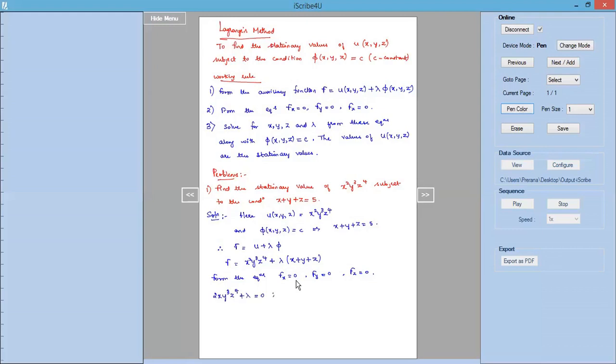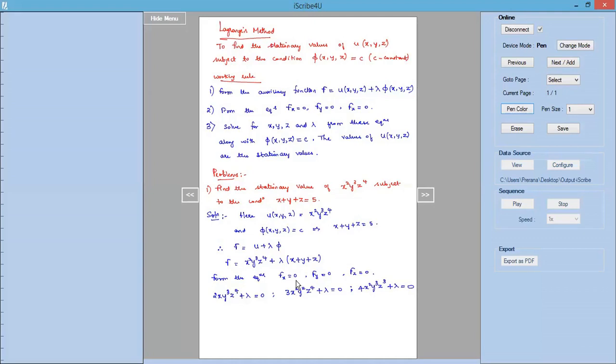Fy is equal to 0 will give us 3x square y square z power 4 plus lambda into 1 is equal to 0. And lastly, fz will give us 4 into x square y cube z cube plus lambda into 1 is equal to 0. So this is how we are able to write down the partial derivatives with respect to x, y, and z.